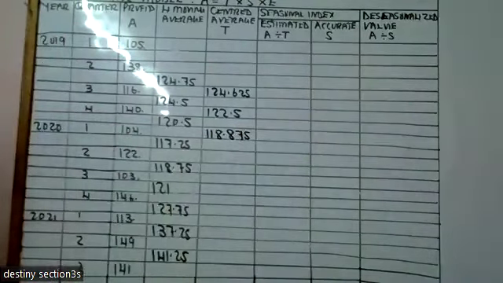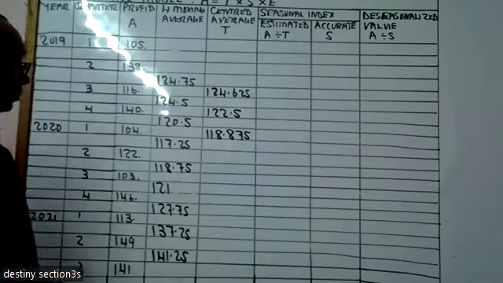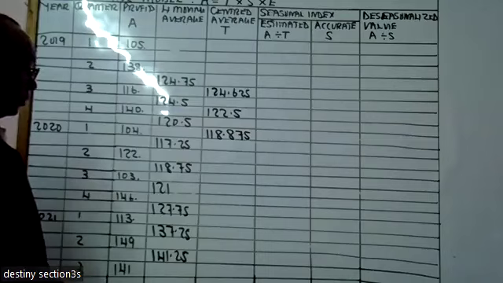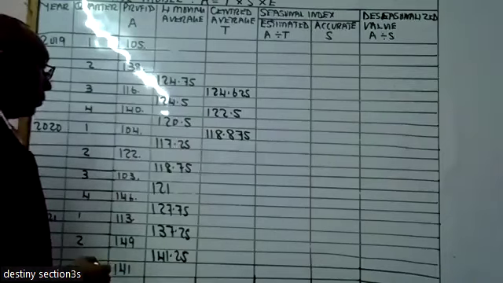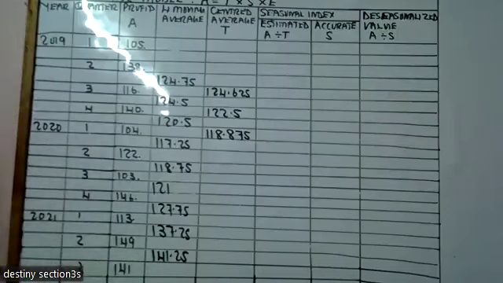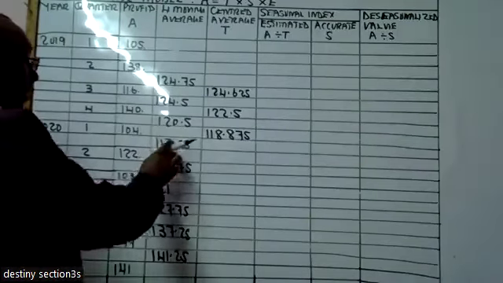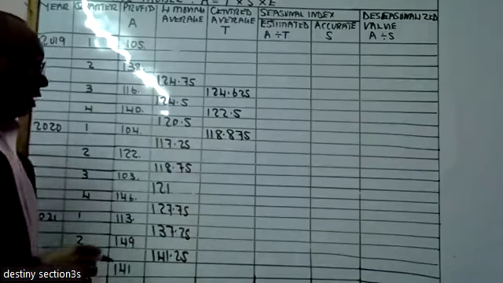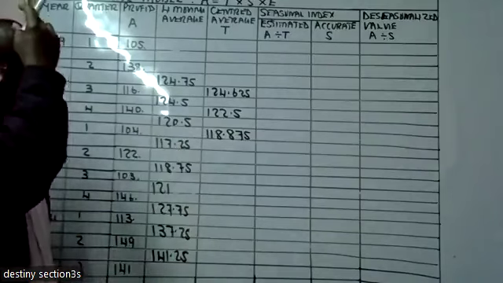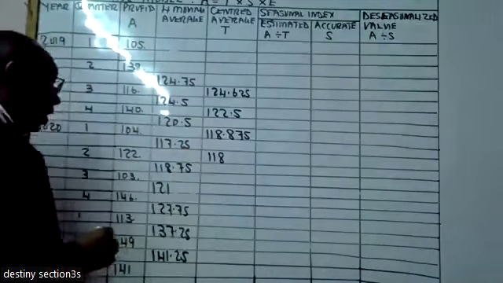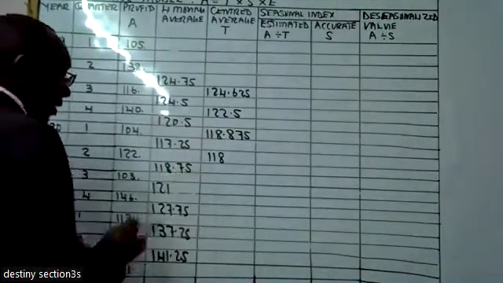The next is 117.25 plus 118.75. Divide by 2, you get 118. Okay, let's go to this other one, 118.75 plus 121.